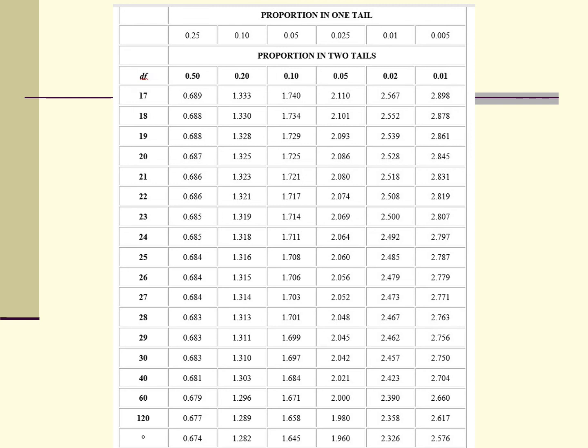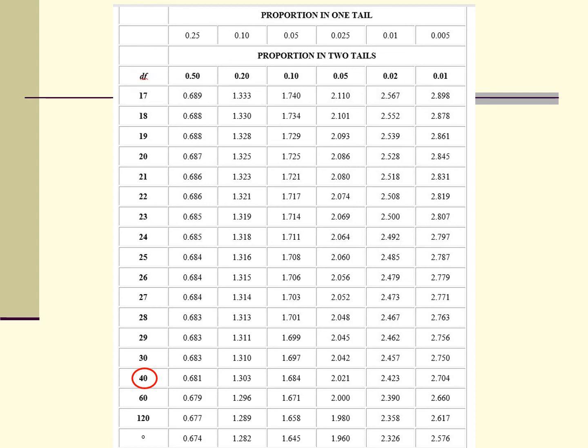Then we need to identify our curve of 49. If you look at the degree of freedom, it only runs from 40 then 60. You should look at 40 because that's the closest to 49. Then that row is the curve you should use. Then you have the alpha of 0.05, and it's a one-tailed test.